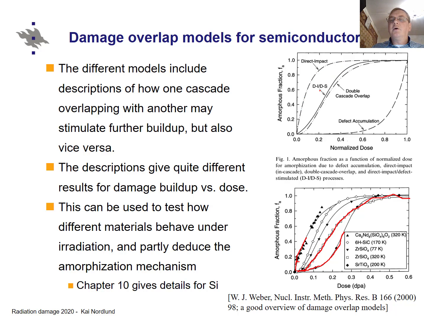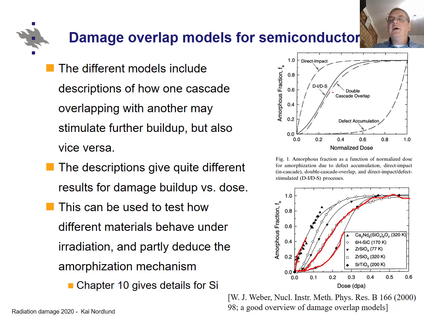Then there are other models where you accumulate defects slowly, and when the defect concentration approaches a critical level, this destabilizes the crystal, and after a good while you have a very rapid increase when the defect concentration is high enough to induce amorphization by destabilization.